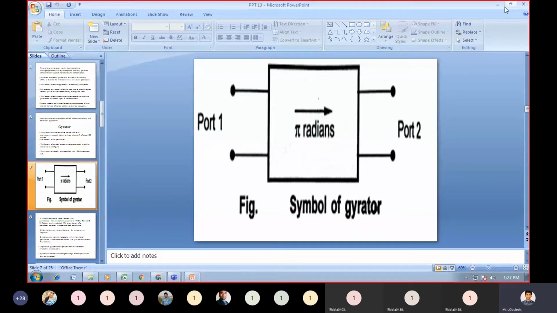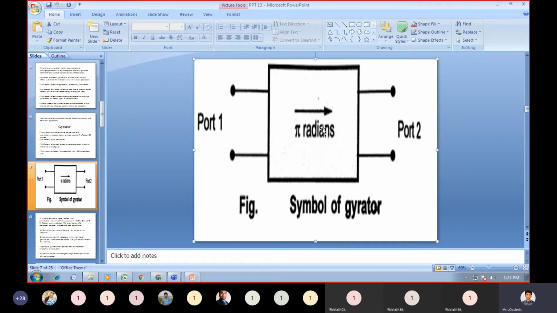See in the diagram, we have two ports, port 1 and port 2. If you apply your input signal through port 1, you obtain a phase shift of 180 degrees, because inside we have pi radians, which means 180 degrees phase.